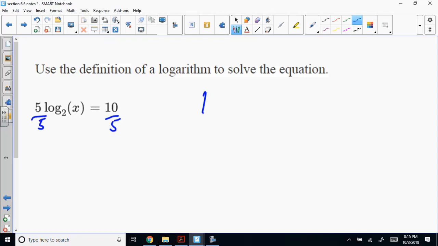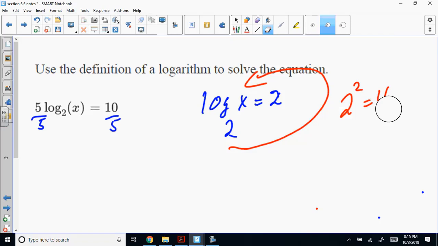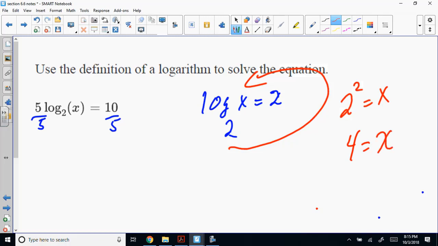So that gives me log base 2 of x is equal to what? 2. How do you solve a log? Change it into a what? Exponential. Wait, my brain's jumping ahead of my writing. X is 4.